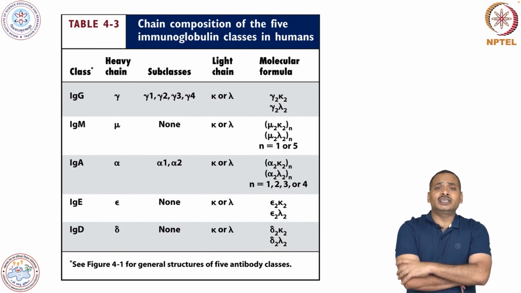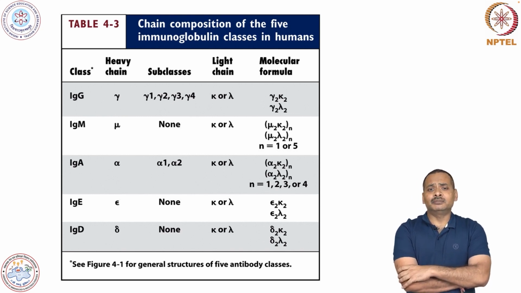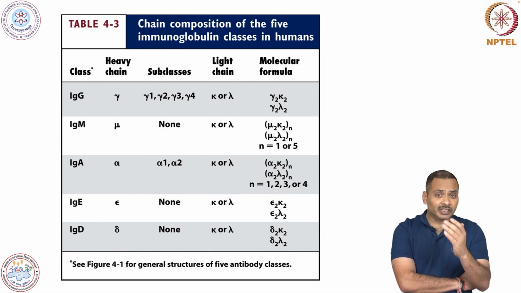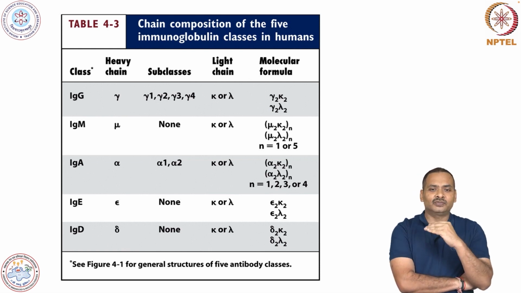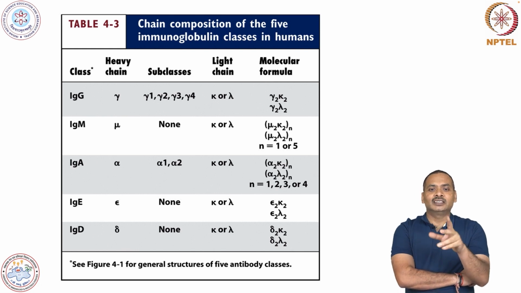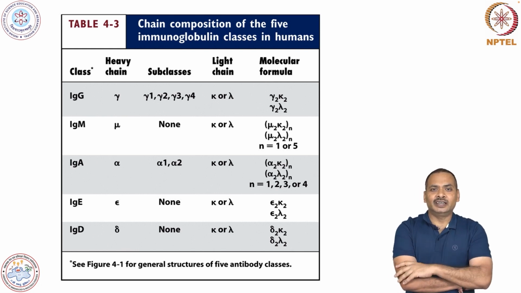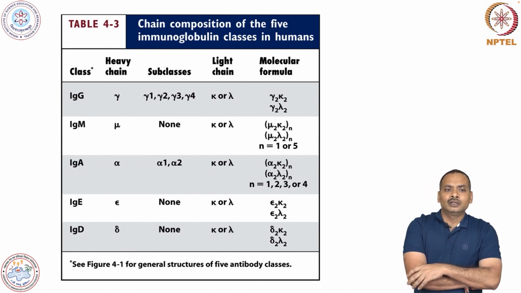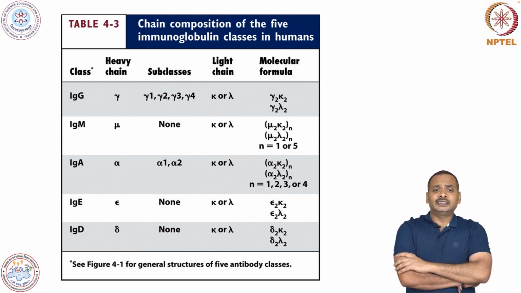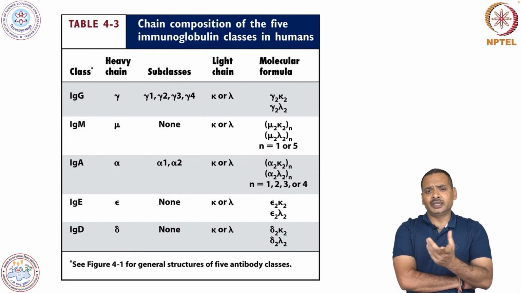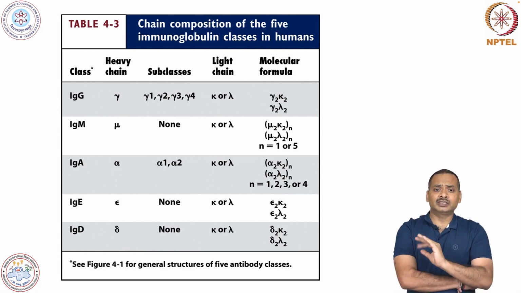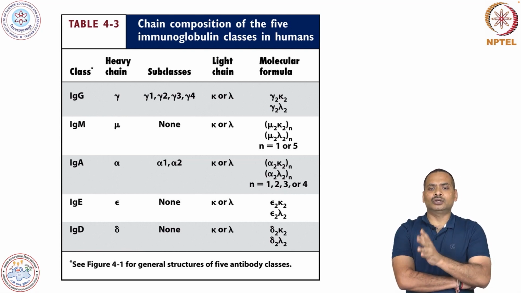Here you can see that IgM is present either in monomeric form or in pentameric form. In the bracket there is an n, and n could be 1 or 5. In case of IgA, this can make a monomer, or a dimer, trimer or tetramer.